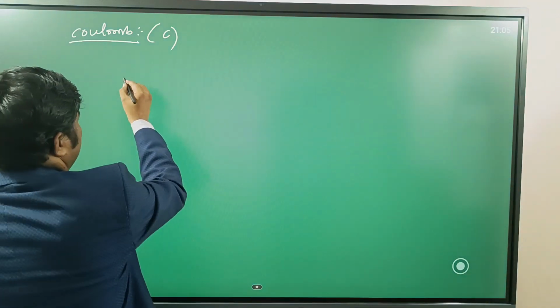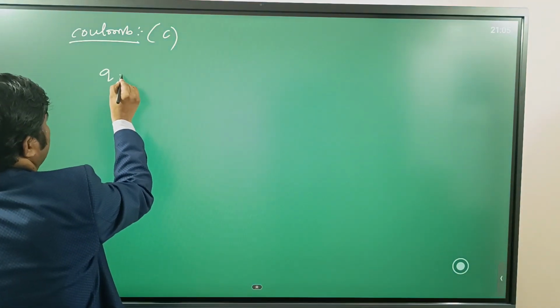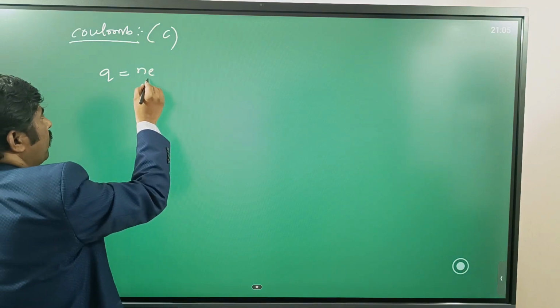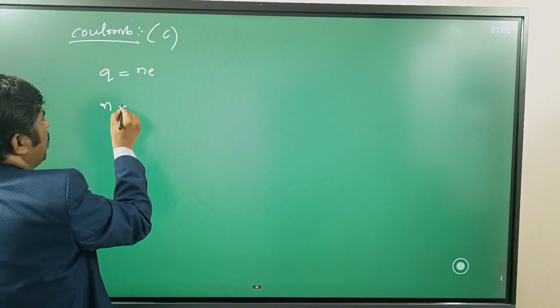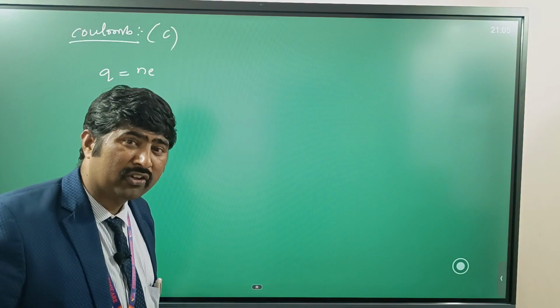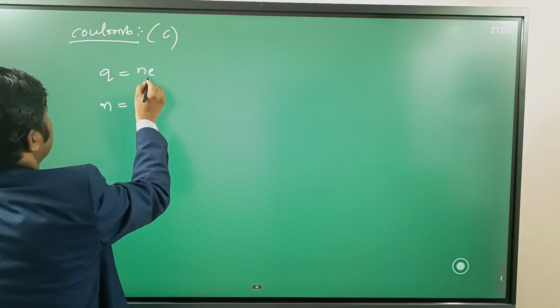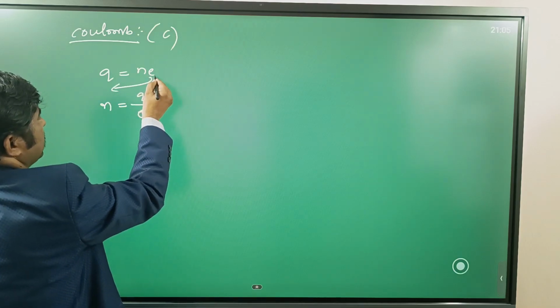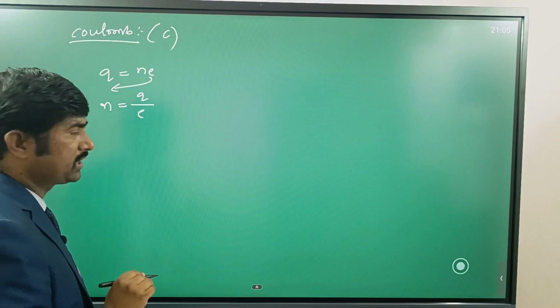As you know, the charge of the body is denoted as Q is equal to N into E. Clear? Now I want to calculate the number of electrons present in 1 coulomb. So N is equal to Q divided by E. It is multiplication, so if it is transferred to the other side, it will become division.